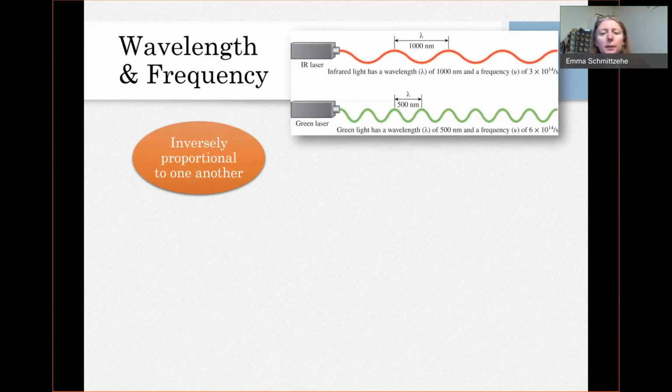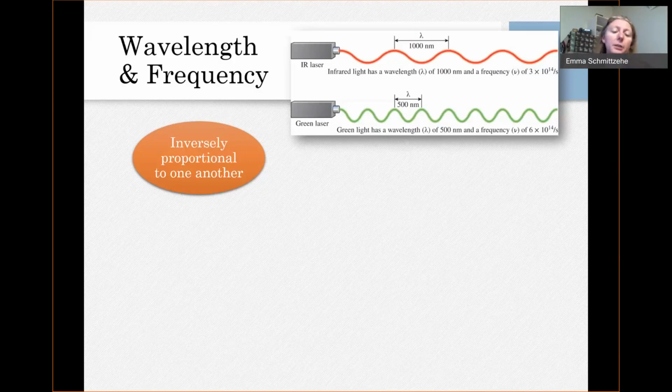If that were the case, its frequency would be 3 times 10 to the 14th hertz, okay? Whereas a green laser with a wavelength of 500 nanometers would have a frequency of 6 times 10 to the 14th hertz. So notice how the wavelength is half as much in that case, and the frequency is double, okay? So the higher one is, the lower the other is. They're inversely proportional. So you've got to know that.